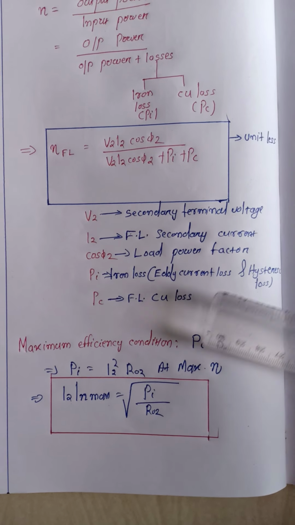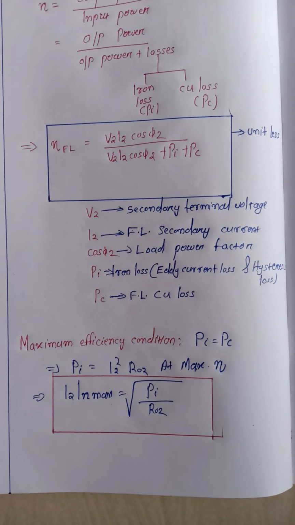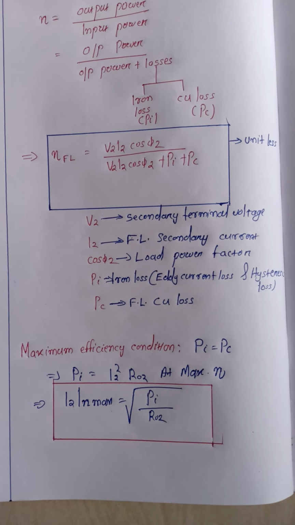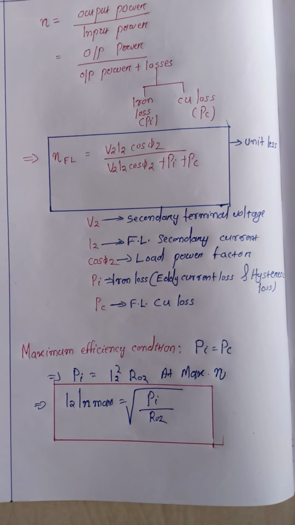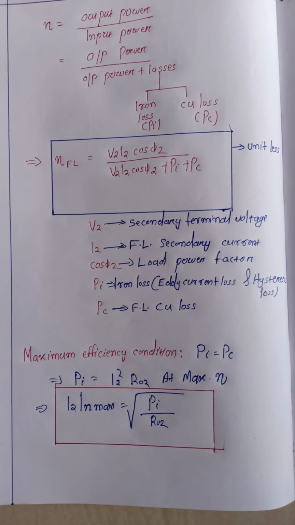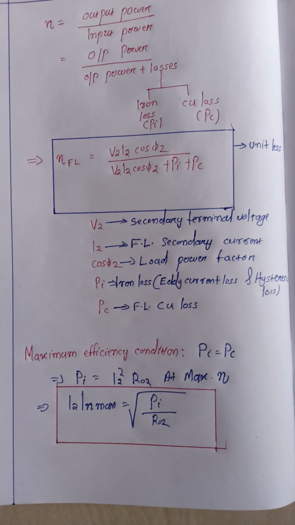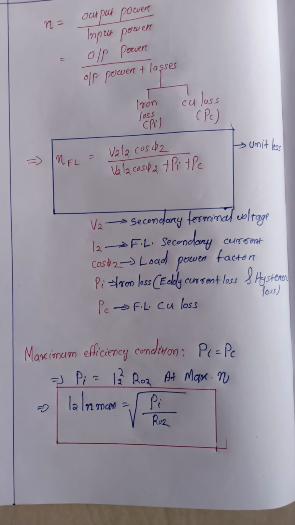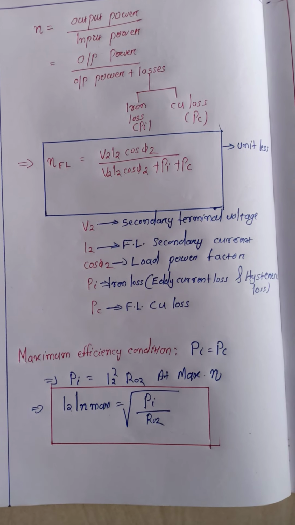You all know the efficiency of a transformer varies with the variation of the load. Practically, when a transformer is connected or erected, various types of load are connected at its output, called consumer load, industrial load, and many other loads.